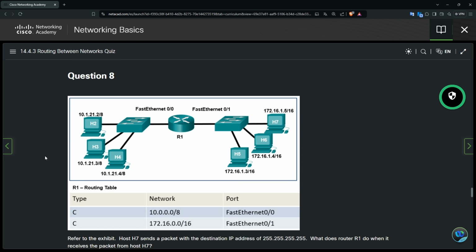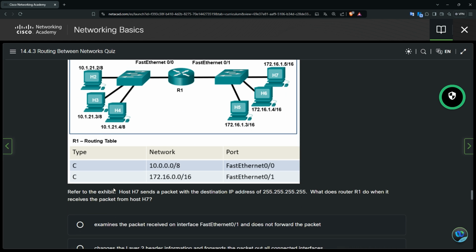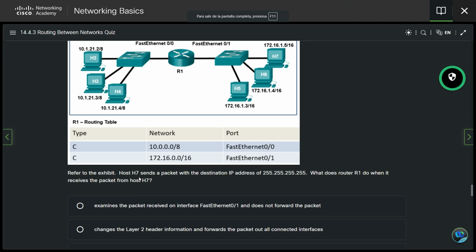Question 8. Refer to the exhibit. Host H7 sends a packet with the destination IP address shown. What does Router 1 do when it receives the packet from host H7?